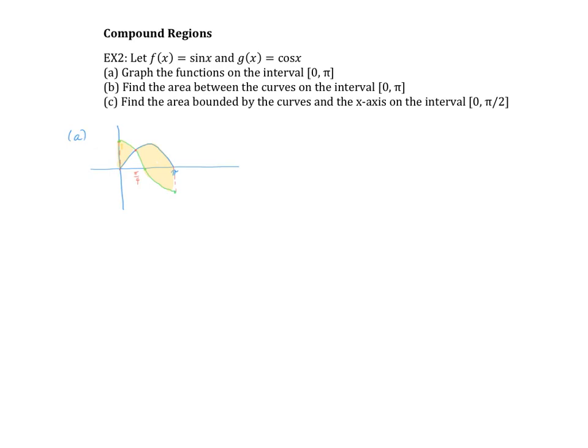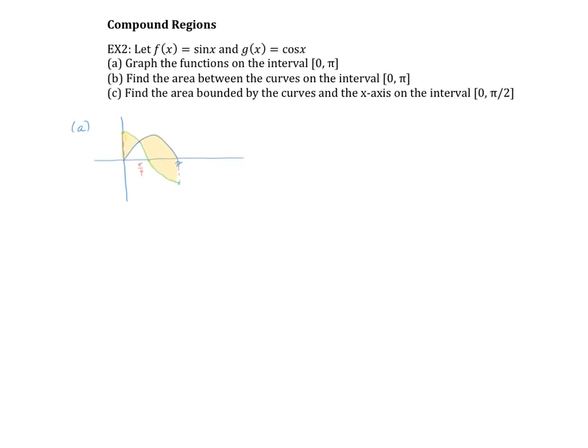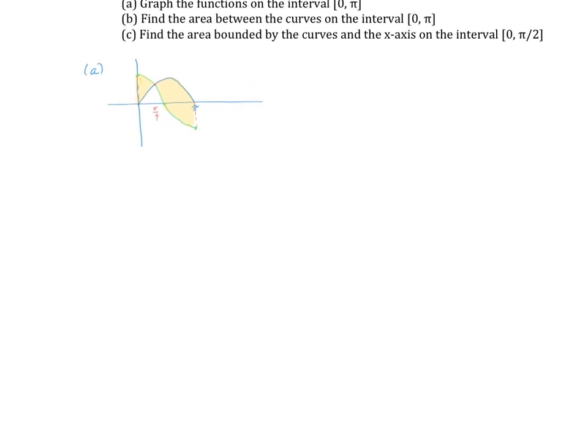Which means in part B, where I have to find the area between these two curves, I'm going to have to write two integrals. The integral from 0 to pi over 4 would be the upper function cosine minus the lower function, which is sine. So I'm going to add that area to the integral from pi over 4 to pi.